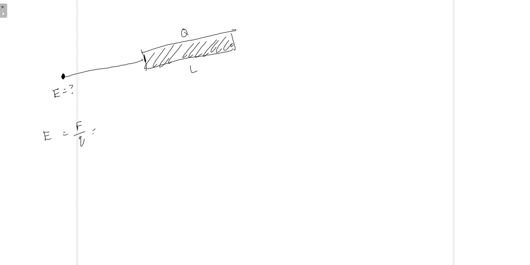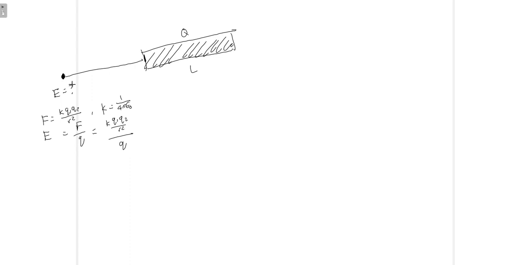And we remember that F is equal to k q1 q2 over r squared, where k is 1 over 4 pi times the permittivity. This is just a constant, so I'll just write it with k. So if I plug this in, this will give k q1 q2 over r squared, over this charge.